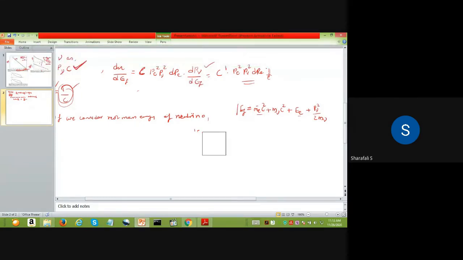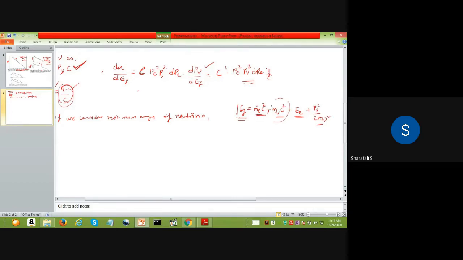This is not the right form, so we'll consider this. If you take the final energy, that final energy will be associated with both the energy of the electron and the neutrino. So that will come as the rest mass energy of the electron, M_e c squared, plus the kinetic energy of the electron, then the rest mass energy of the neutrino, M_nu c squared, and the kinetic energy of the neutrino.